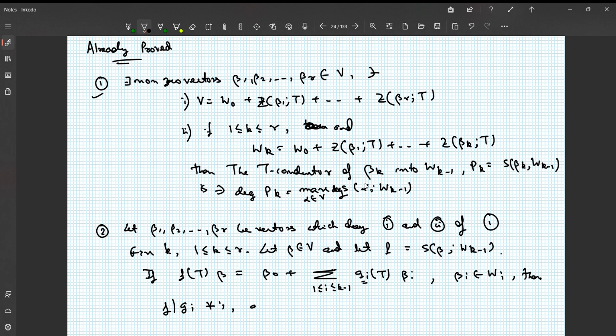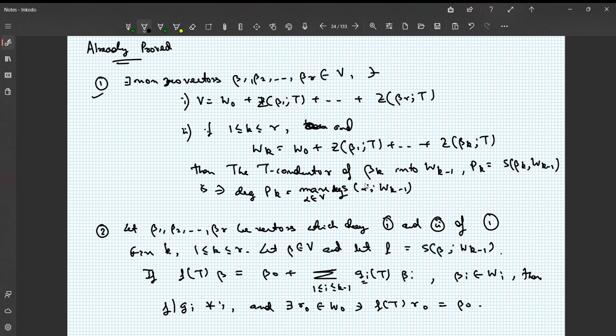This should happen for all i, and there exists an element gamma naught from W naught such that f(T) of gamma naught is equal to beta naught. This was our second step.